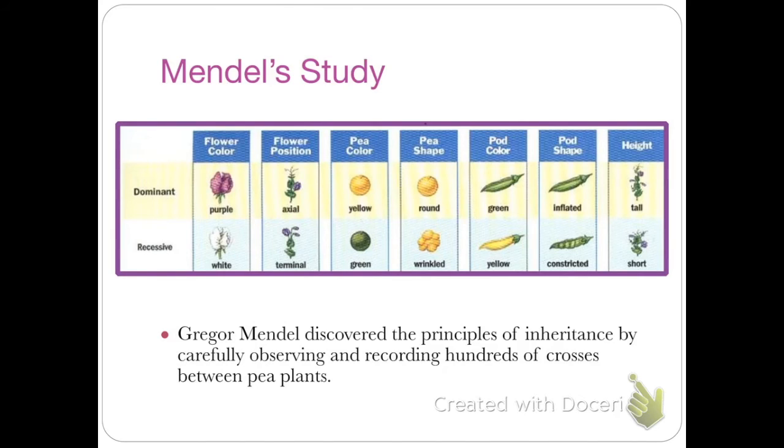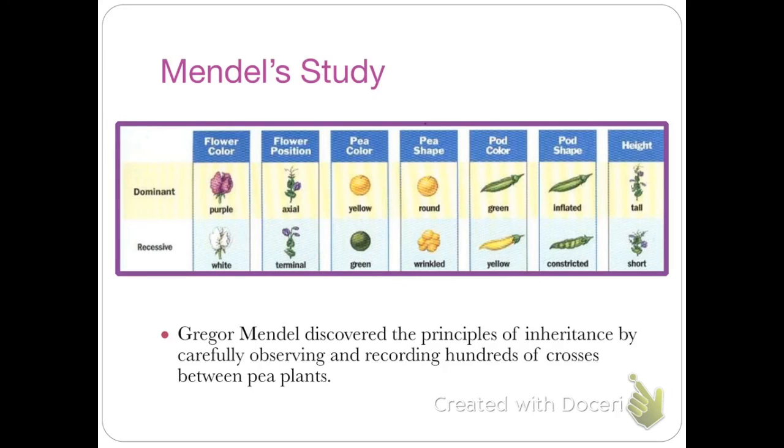Okay, so like I said before, Gregor Mendel, who was a monk, was kind of the father of inheritance. So he discovered the principles of inheritance by carefully observing the crosses between pea plants. He began his work in 1856, and he studied the inheritance of 7 characteristics that were unlinked, actually.